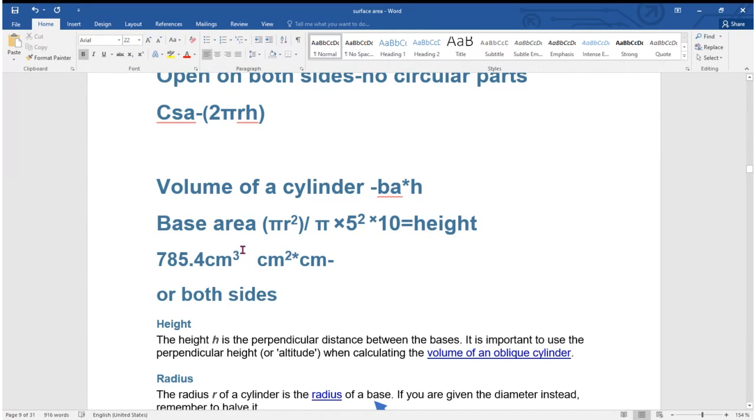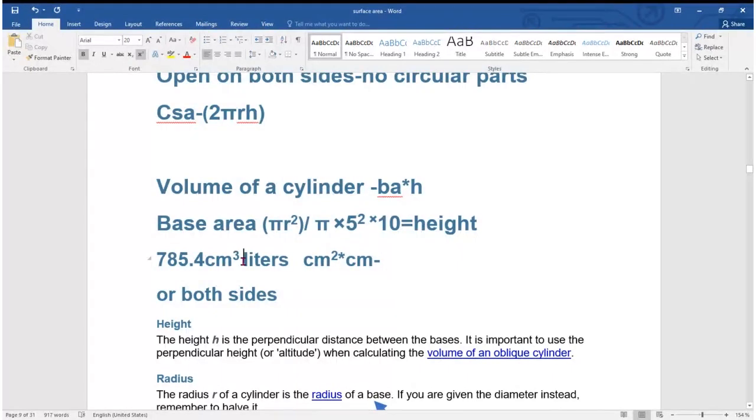You can be told to give your answer in liters. So the examiner, when you are calculating the volume, will keep on telling you to convert. You have to ask yourself, how many centimeters cubed make 1 liter?